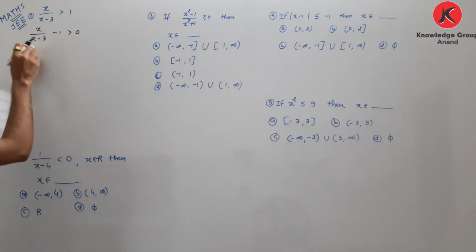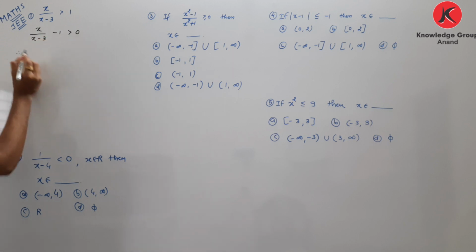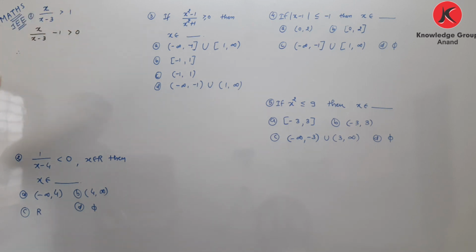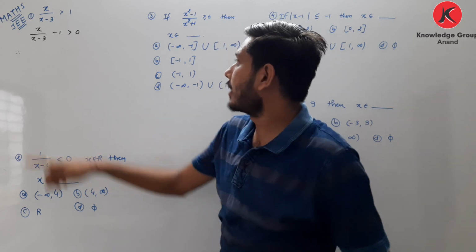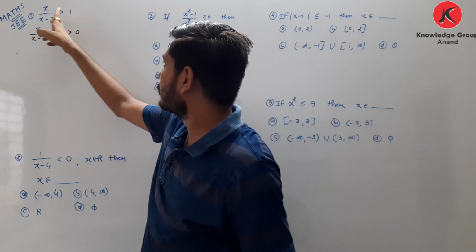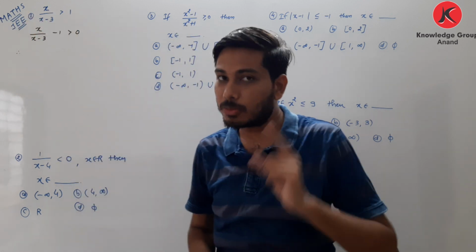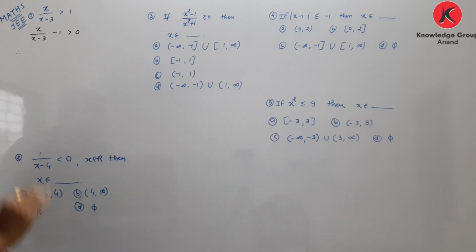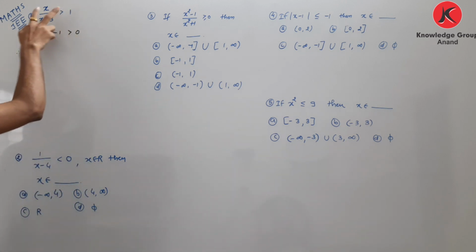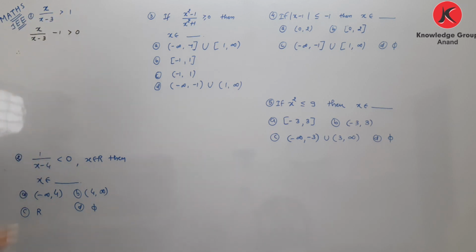Now simplify this on the left hand side. We can't take x minus 3 to the right hand side. Why? The reason is, if x minus 3 is positive, then the inequality will not change if we multiply by x minus 3 on both the sides. But if x minus 3 is negative, and we multiply on both the sides, then the inequality will change.